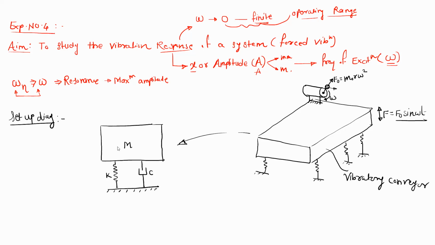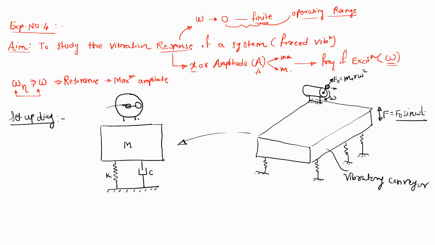Now for the oscillation, we will connect a motor to this mass. This motor has one eccentric mass. So this is the shaft.